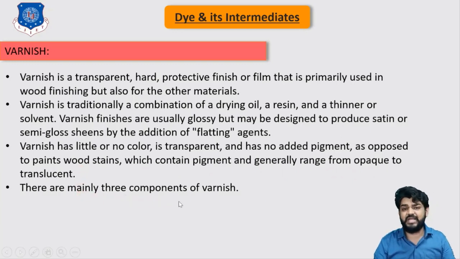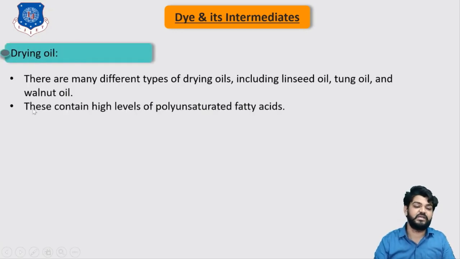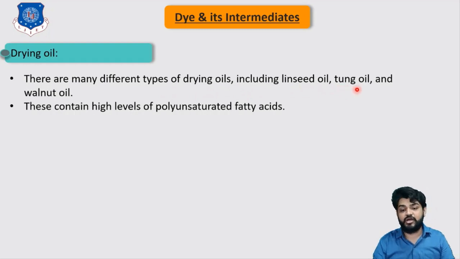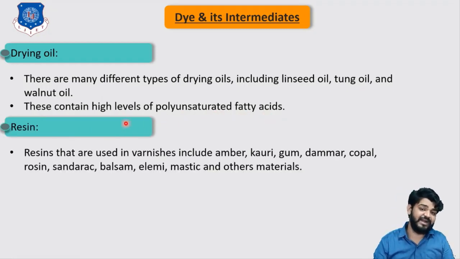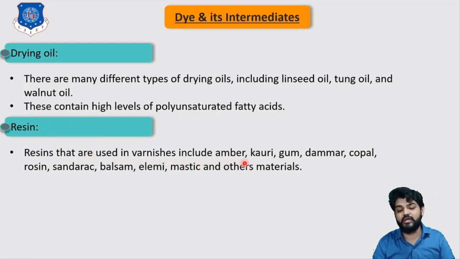There are mainly three components of the varnishes. The first is dry oil. There are different types of dry oil including linseed oil, tung oil and walnut oil. These contain high levels of polyunsaturated fatty acids. Then the second component of the varnishes is the resin. Resins that are used in varnishes include amber, fluorine, gum, dammar, copal and many other substances.